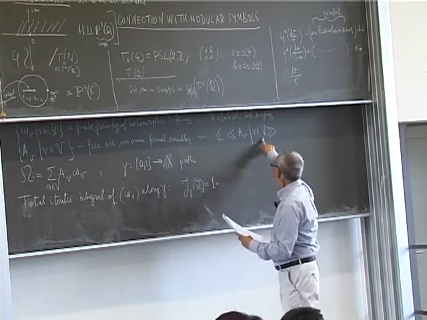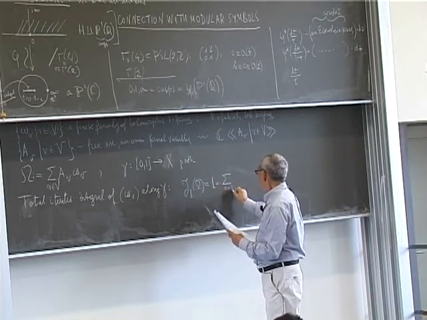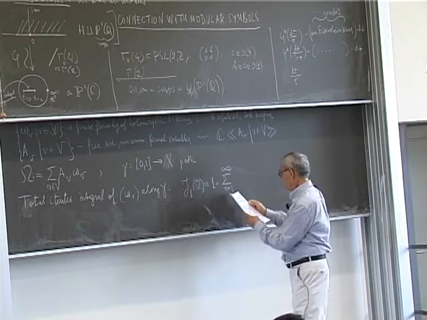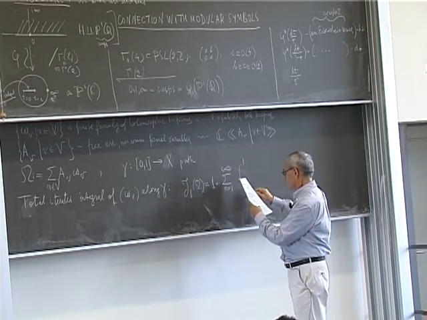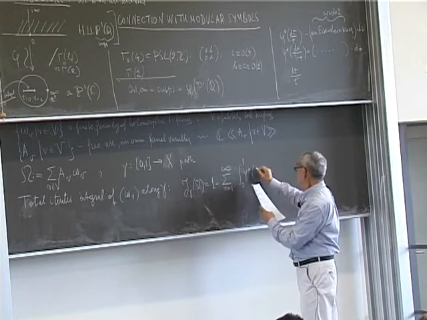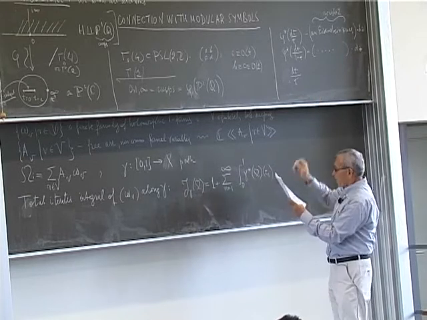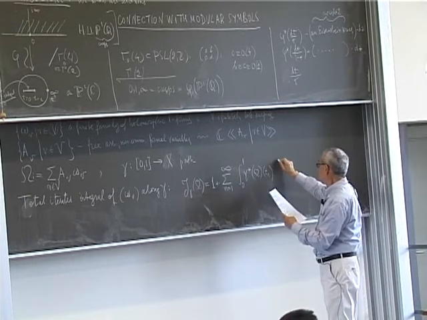This is defined as a formal series here, so it's not a number. And then essentially I'm writing what is up there only with abstract forms.